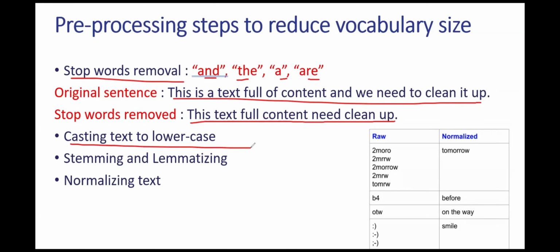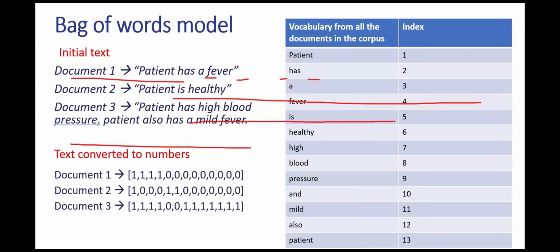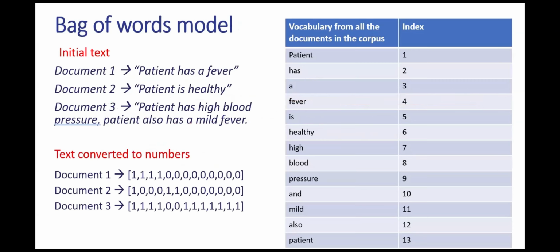Another thing that we can do is we can cast the text to lowercase. So if you would have noticed over here, when we were creating our vocabulary, we had patient that was mentioned here, but we also had another mention of patient here. But now in the computer, these are two completely different words, but we know that they're the same words.